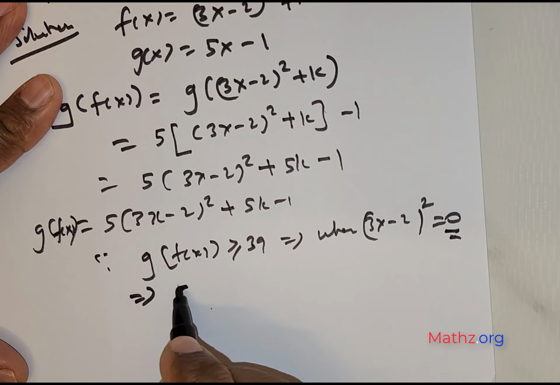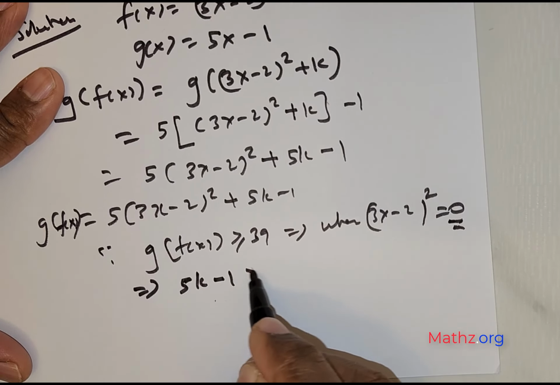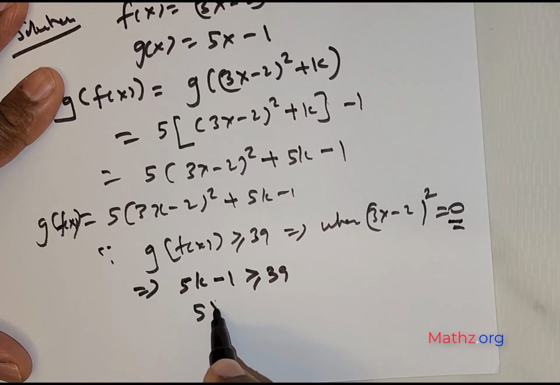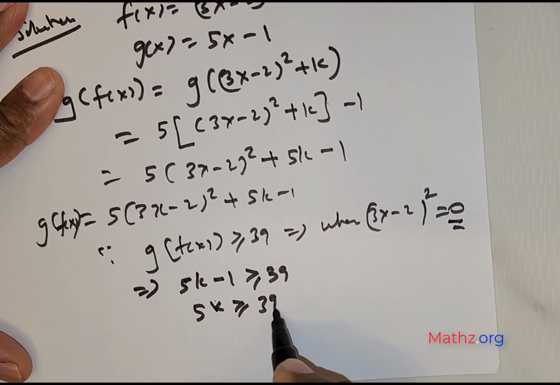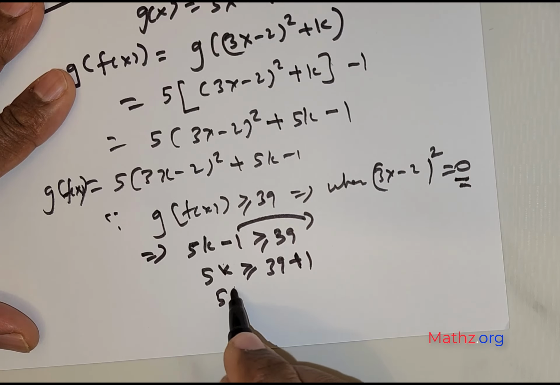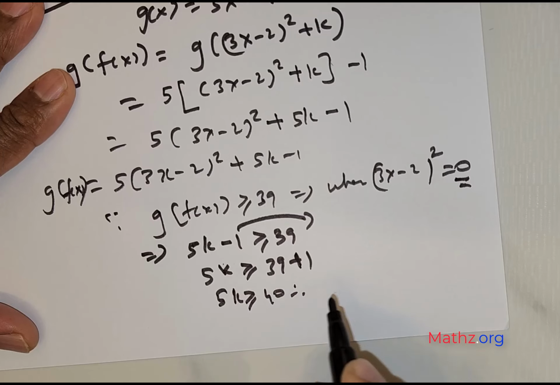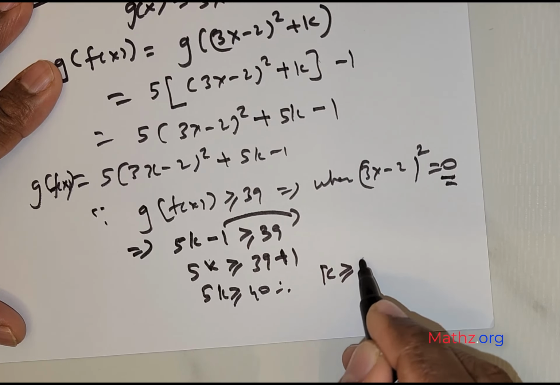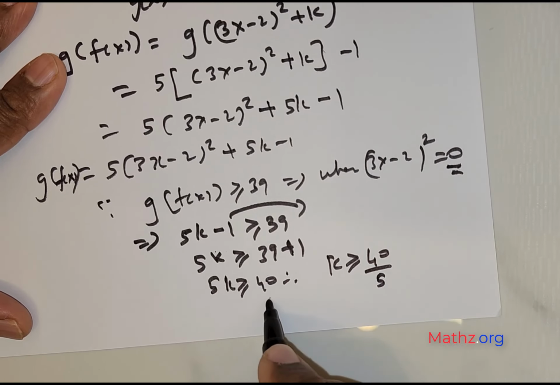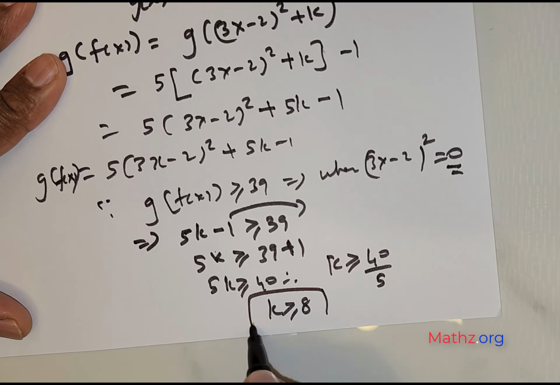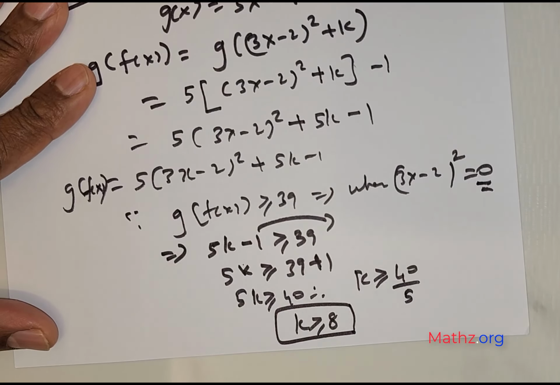So this in turn would mean we now have 5k - 1 is greater than or equal to 39. So 5k is greater than or equal to 39 plus 1, since the negative 1 goes to the other side and becomes positive. So 5k is greater than or equal to 40. Therefore k is greater than or equal to 40 over 5, which means k is greater than or equal to 8. Okay, so that's the value for k.